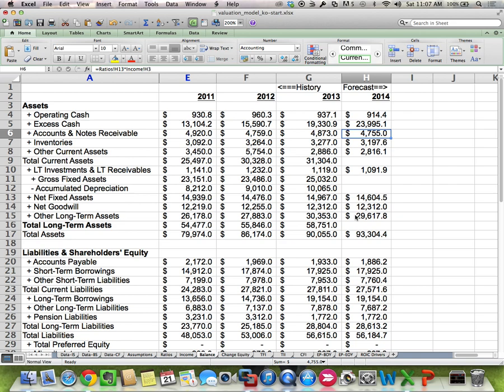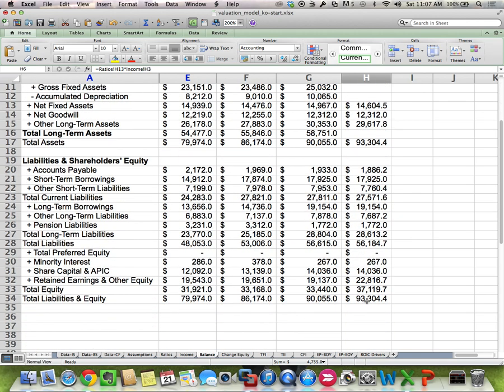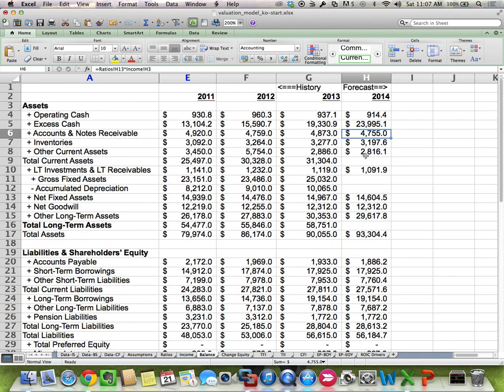Yes. What do you have for total assets? 93,304. Right, that just equals the liabilities and equity. You just said it. I just set them equal to each other. So total current assets, I can now do a sum of the items above.